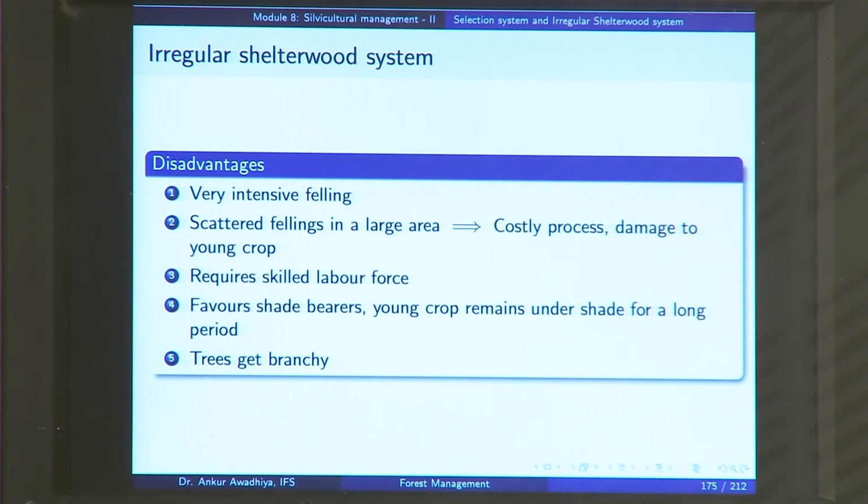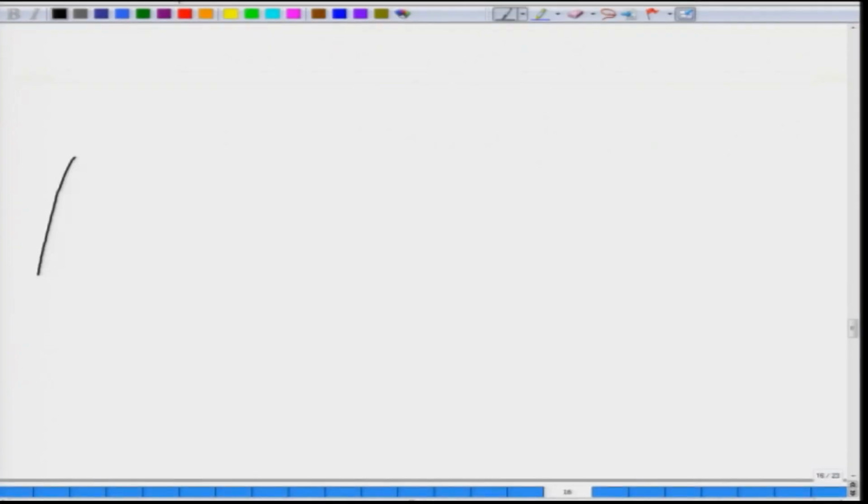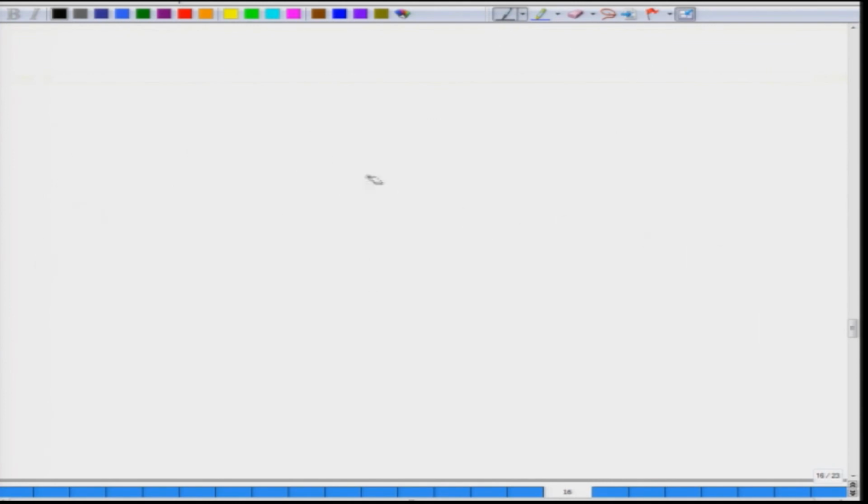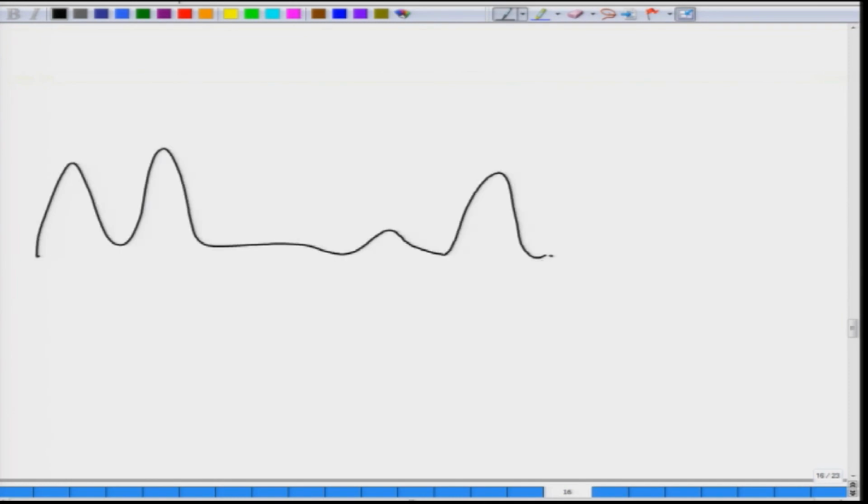So, suppose your terrain looked like this. You have these hilly areas, then you have these plain areas, or let us show it like this. You have this hilly area, then you have this plain area, then small hills, then again a plain, then again hills. So, what this irregular Shelterwood system says is that in these areas you will go for a selection system, whereas in these areas you will go for a Shelterwood system.